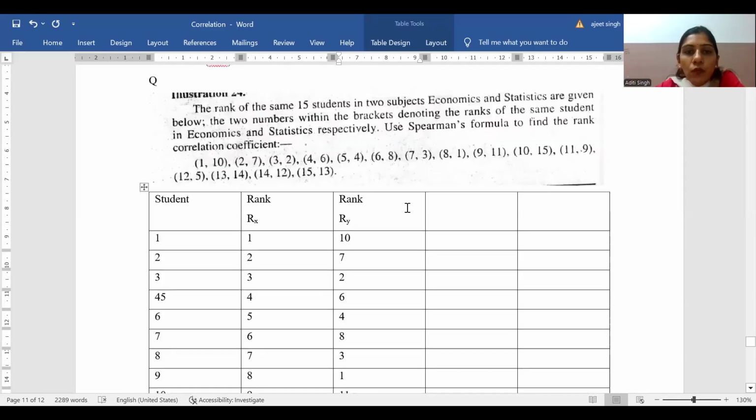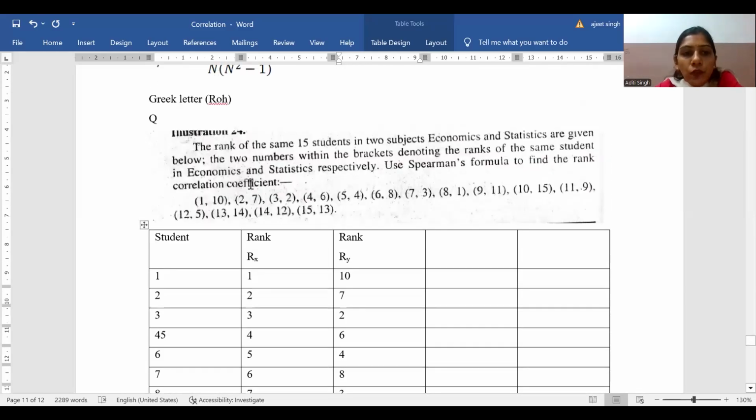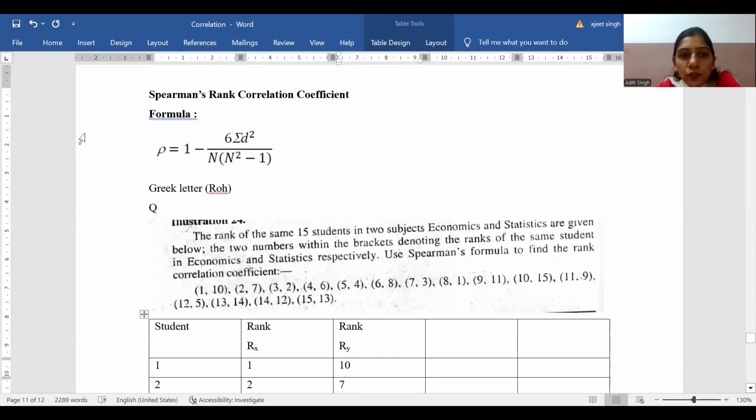What we have to do is find out the value of D. As you can see in this formula, we have to put the sum of D square.